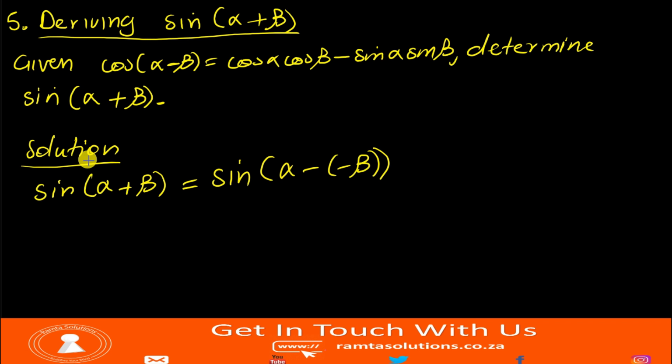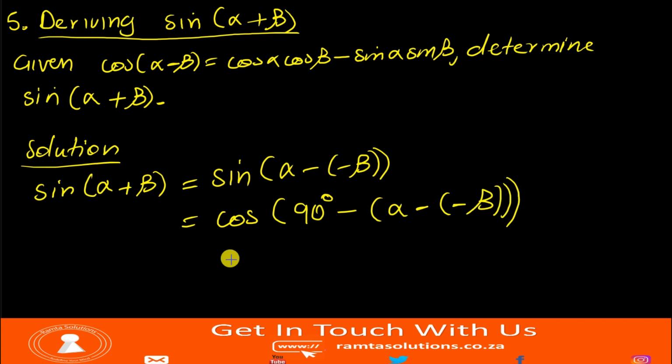This question did not begin with you are given sine alpha minus beta. It says you are given cos alpha minus beta. So it means we must come to this point where we use this guy. We move from this guy to this guy. Okay, let's see. So we say this must somehow have been 90 degrees minus alpha minus negative beta.